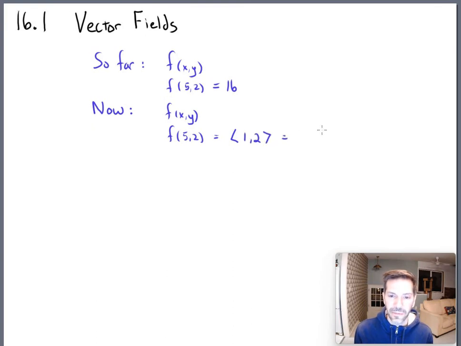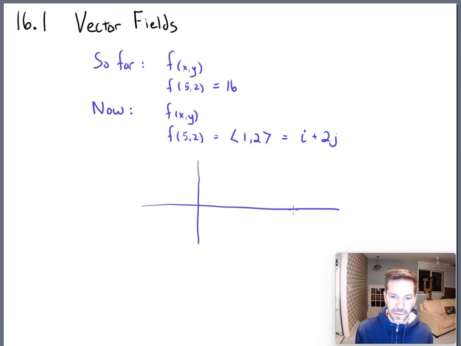And keep in mind we have another notation, the ij notation, so that could also be 1i plus 2j.